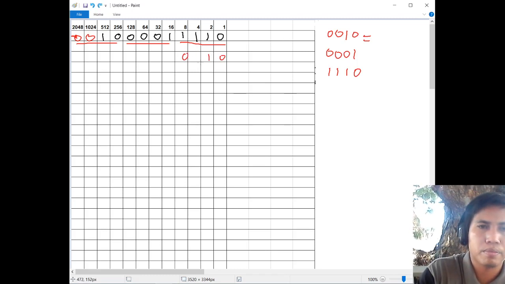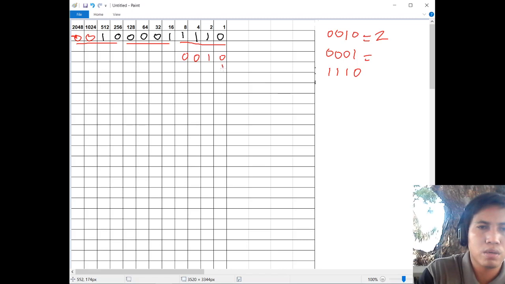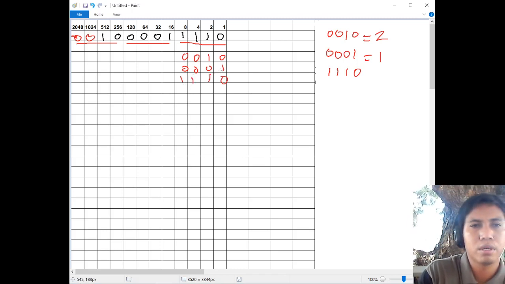So this would be 2. The other one, that would be 1, 0, 0, 0, which is 1. Now this one, 1, 1, 1, 0. That would be actually 8 plus 4 plus 2. So this is basically 14.